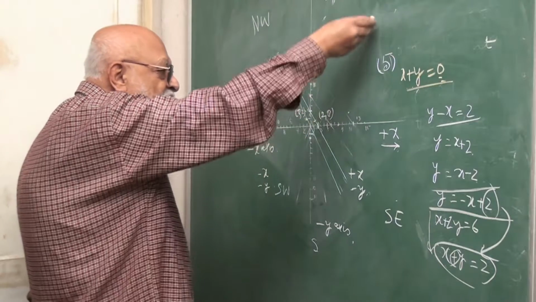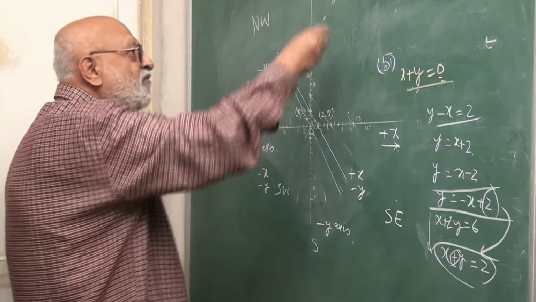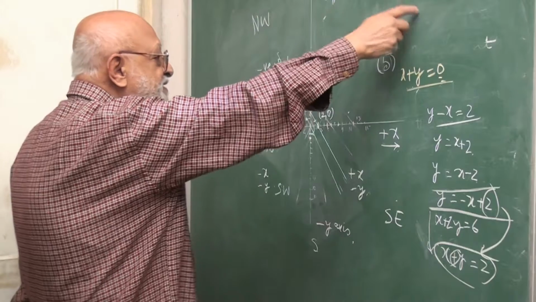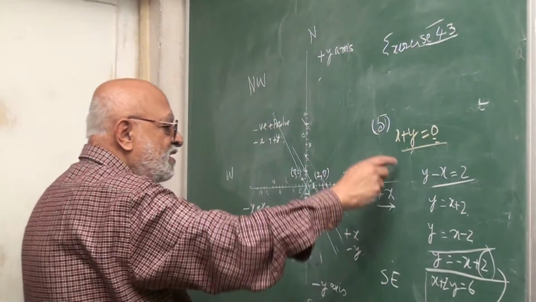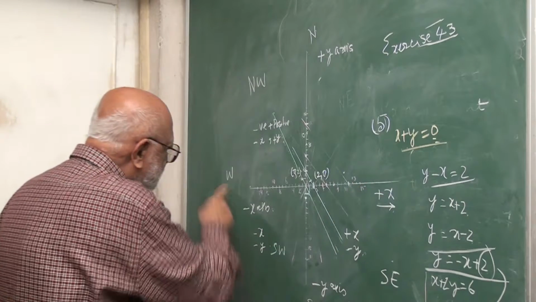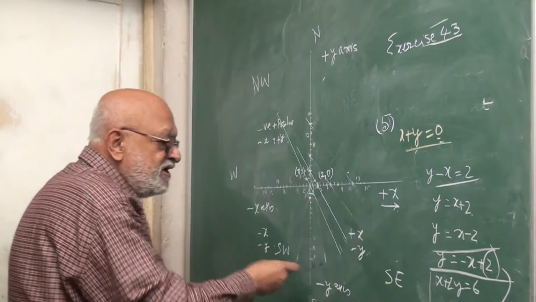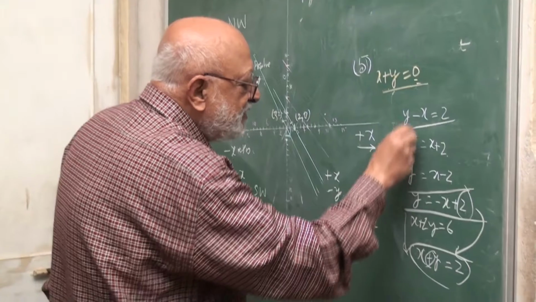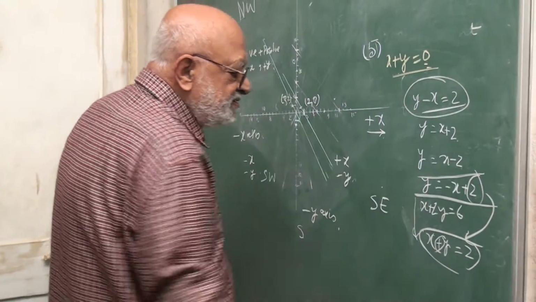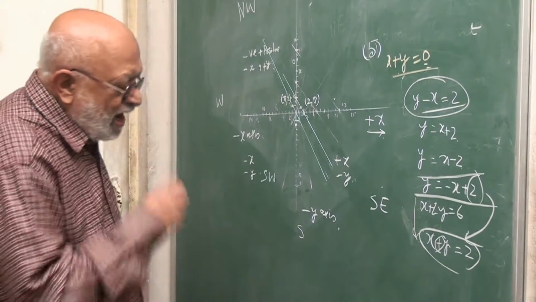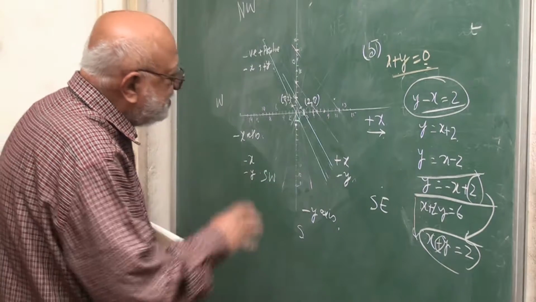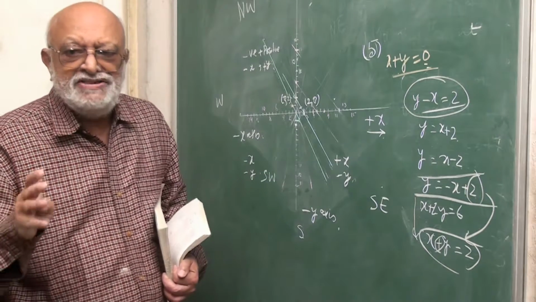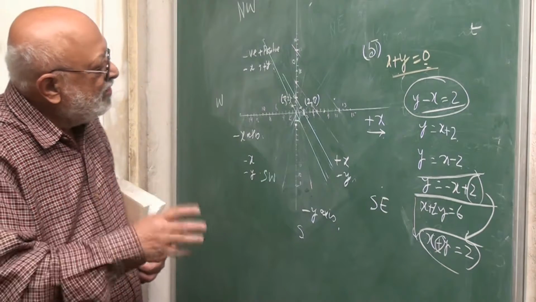If I had seen a graph going from east to west, then I would have gone for this minus value. Okay, so I hope I have given you a very good concept of how this graph is to be handled.